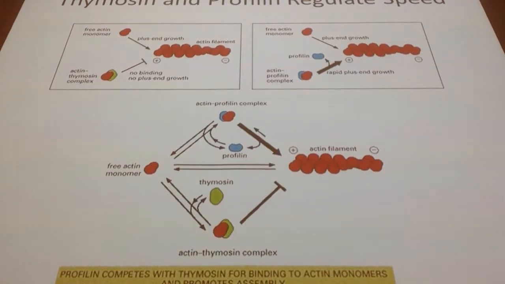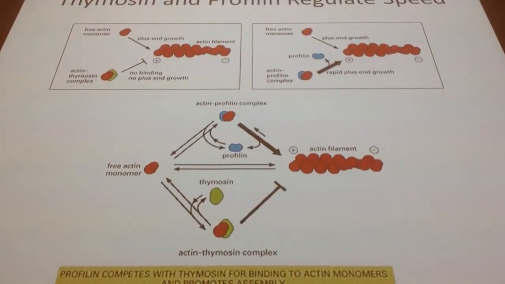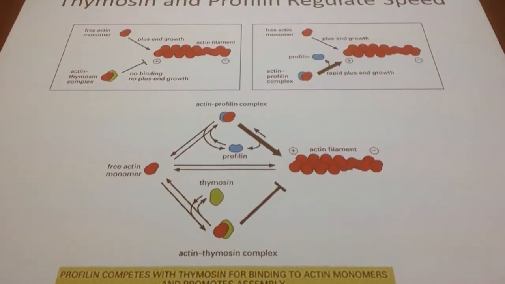The third level is, since ATP-bound G-actin can bind to both profilin and thymosin, how do you regulate which one binds? By regulating the amount of thymosin and profilin. If you increase the amount of thymosin, my left hand is thymosin, relative to profilin, then that signals the cell to inhibit or slow down assembly.